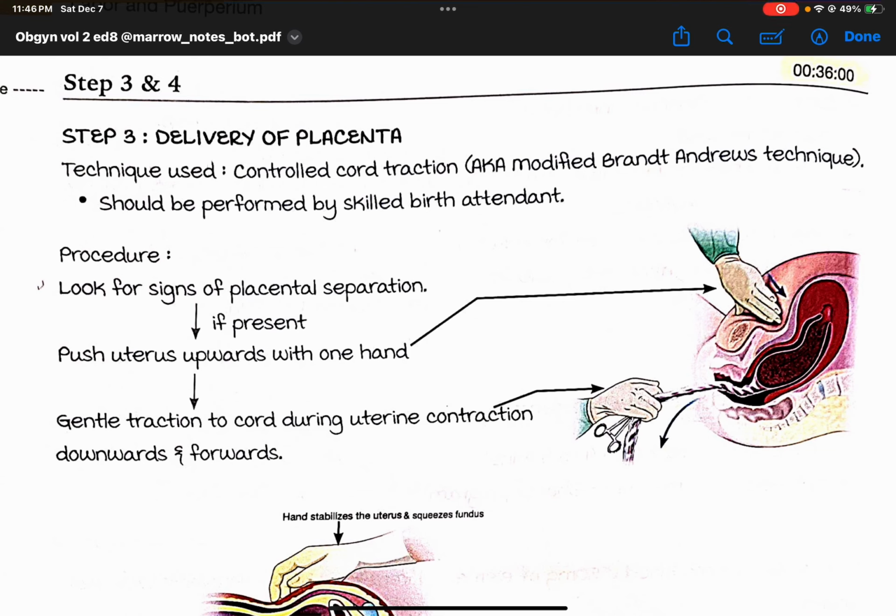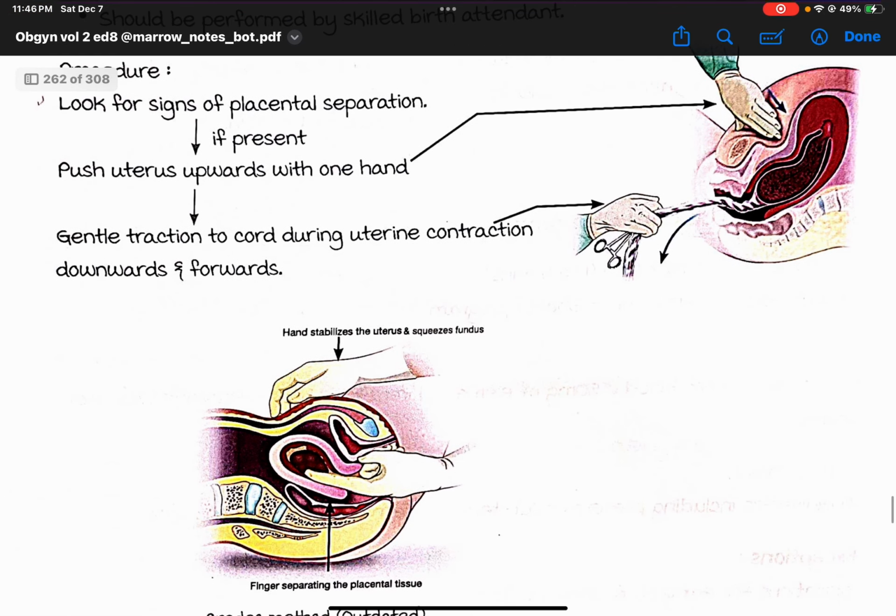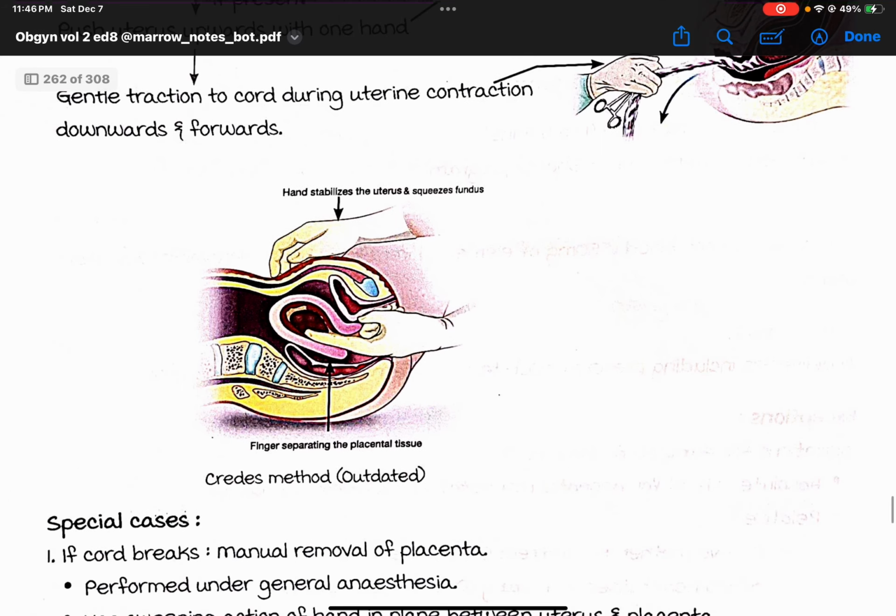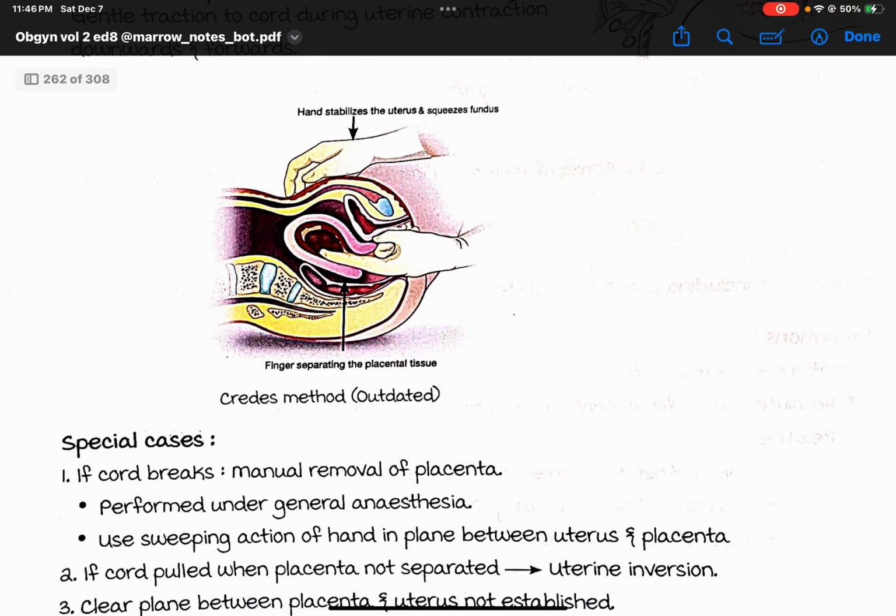If present, push the uterus upwards with one hand and apply gentle traction of the cord downwards and forwards during a uterine contraction. This is what is most commonly done in labor rooms: controlled continuous cord traction. The hand stabilizes the uterus and squeezes the fundus. Brandt's method is outdated.